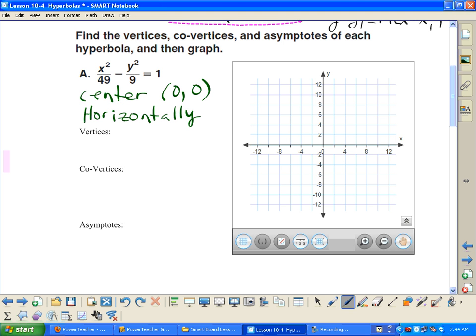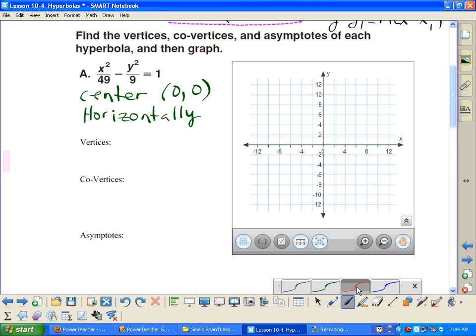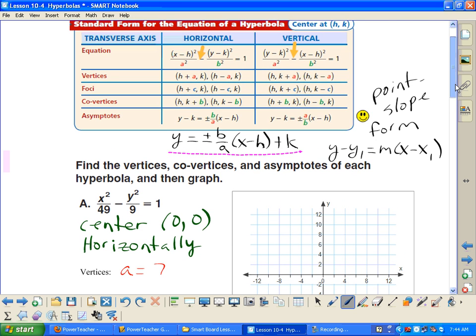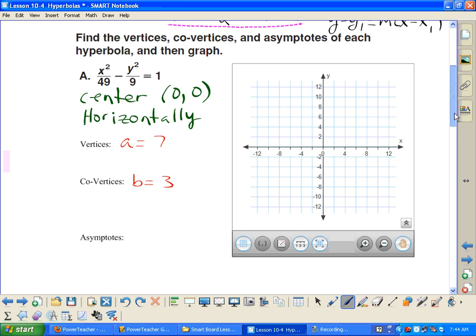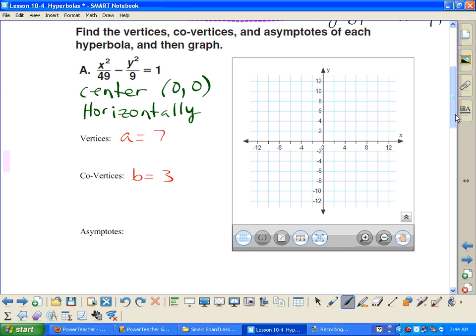So when we find the vertices, we need to find the value of a in this case. So a would be 7, the square root of 49, and b would be 3. Now, to find those vertices and co-vertices to write them down, I could use the expressions up here, but what I'm actually going to do is graph them first, and then we'll talk about where exactly they are and how I know they're there.